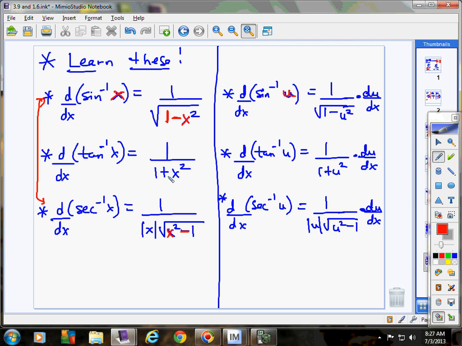All right, now look in your book at the other 3. 3.9. Page 190 at the bottom. We're going to go down the list. Number 1 is the first one we have. Number 2 is the derivative of inverse cosine.